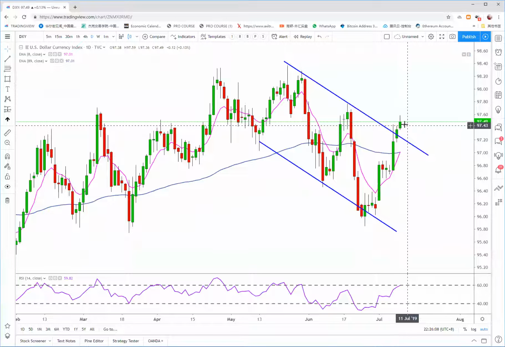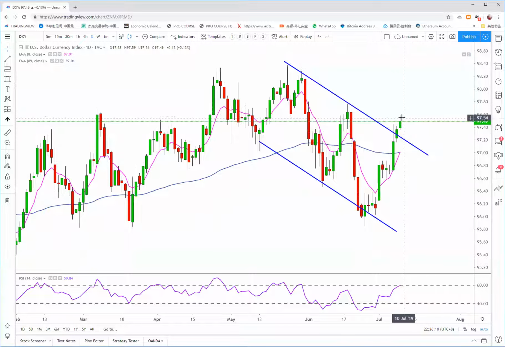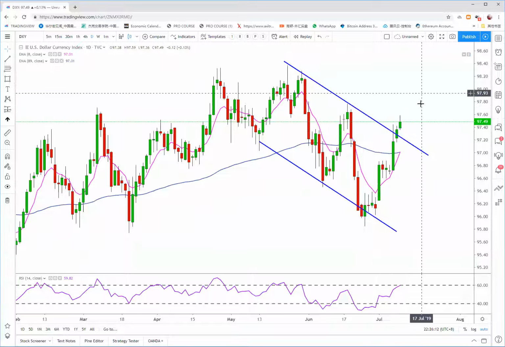So we need to be careful to short the DXY because it may still have another rally. Despite the fundamental side, people are expecting the Fed to cut the rate, however the dollar is still the strongest currency in the world. It's still the number one currency in the world.